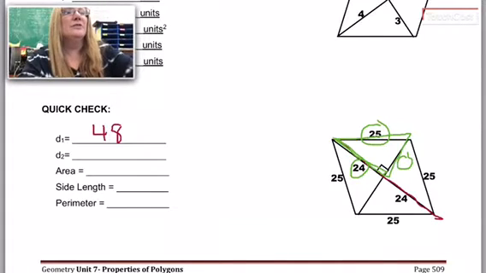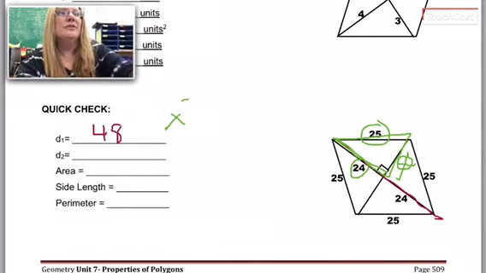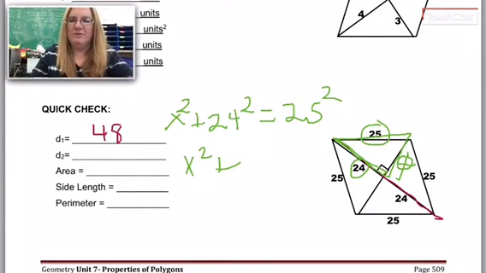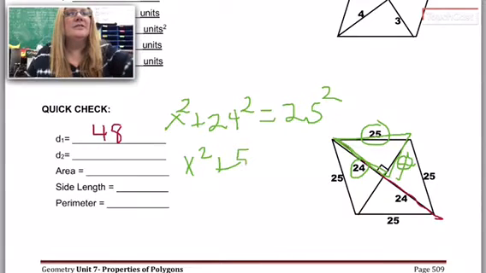This is, I believe, another triple, but I'm just going to call this x, and I'll say x squared plus 24 squared is equal to 25 squared. So I get x squared plus 24 squared. Let's see. I think that is 576. And then 25 squared is 625.